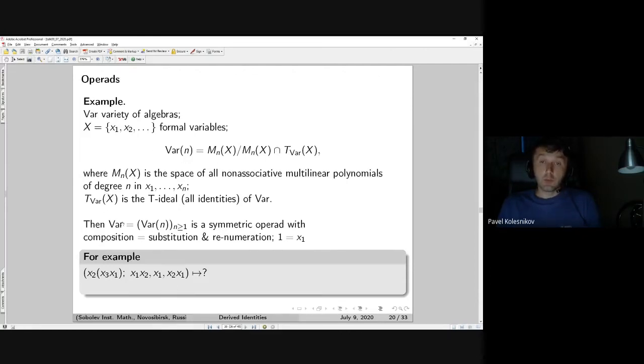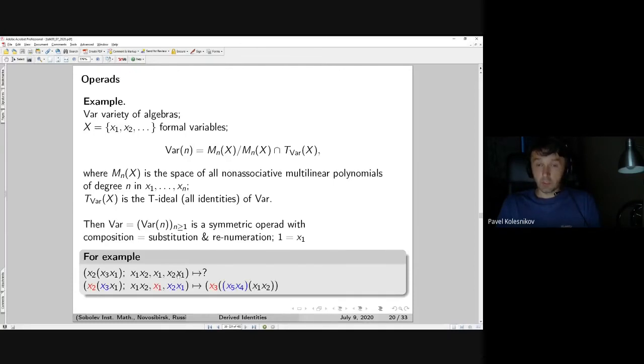In order to compose monomials from this space, I consider monomials from M_n, of course, but assuming they are images in the quotient. The composition is defined by substitution and renumeration. Let me simply show on an example how to compose a 3-morphism like that with a 2-morphism, identity, and another 2-morphism.